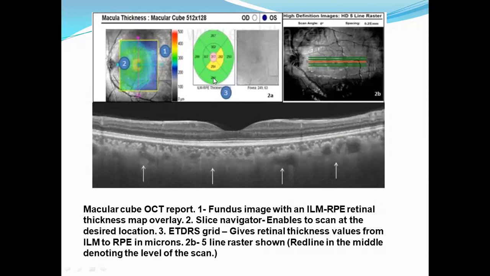This grid gives us the thickness of the retina, which differs in different machines because of different segmentation. Higher thickness is represented in warmer colors, so red or yellow, and lower thickness or thinning is represented in cooler colors, so green or bluish, mainly blue. Then this is a 5-line raster scan, and then you have the structural OCT B scan.